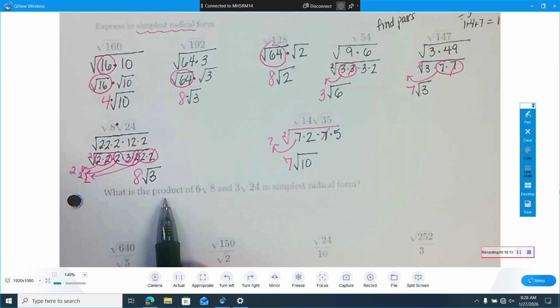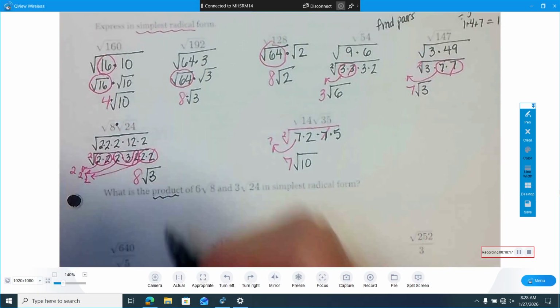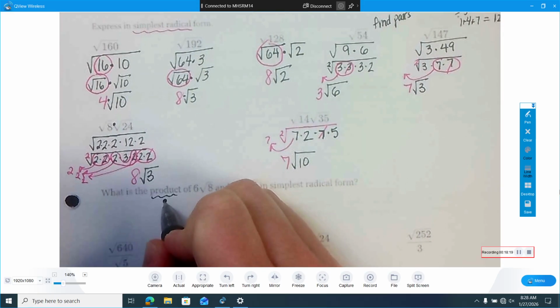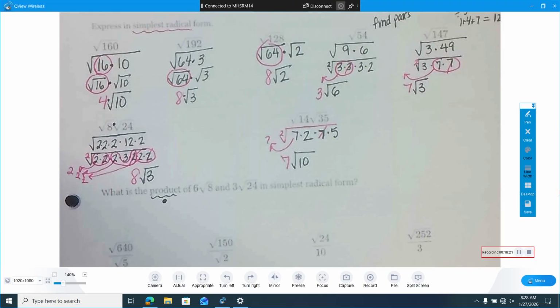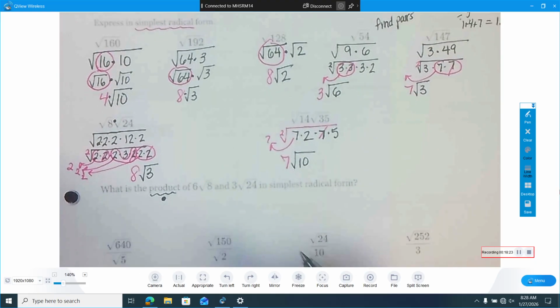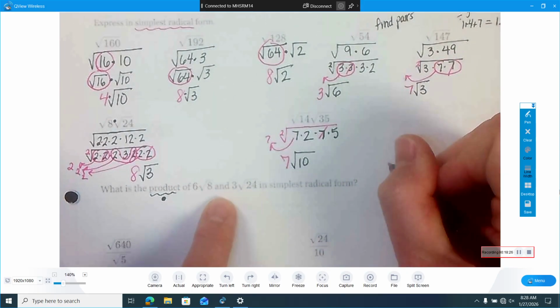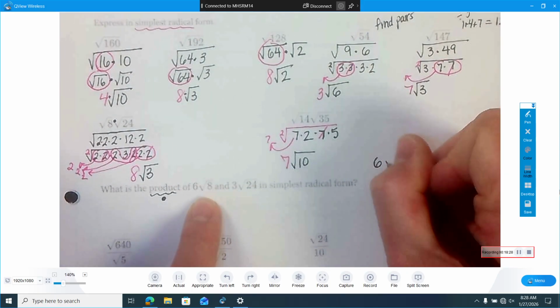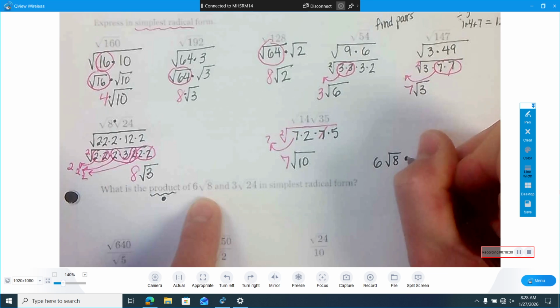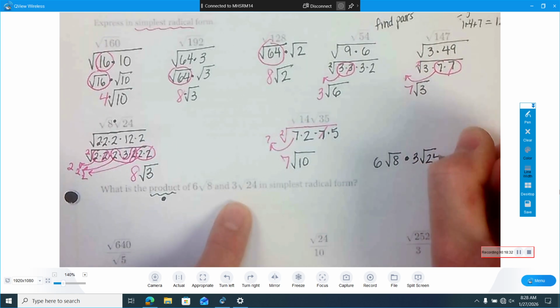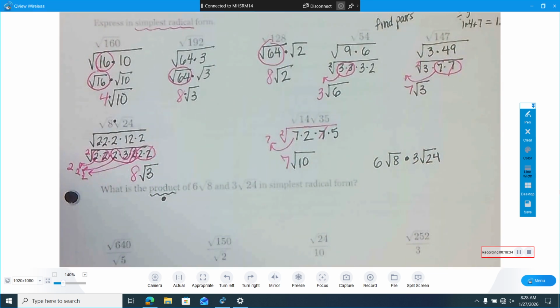Right here it says, what is the product? What does product mean? It's the answer to a multiplication problem. It means multiply. What is the product of 6 radical 8 and 3 radical 24? So this is written out in words, but it's 6 radical 8 times 3 radical 24. So we have 2 different types of numbers here.